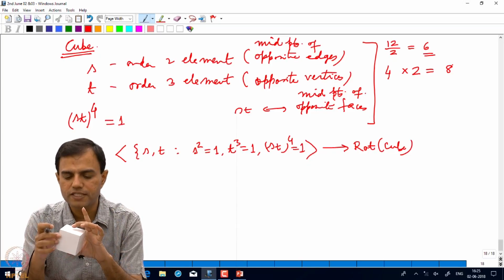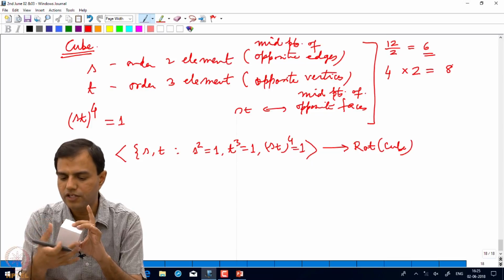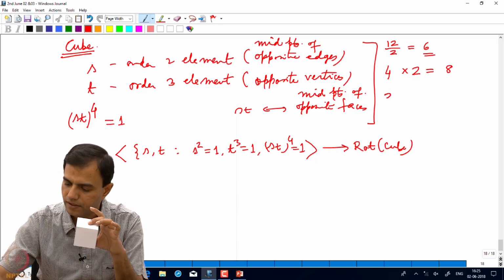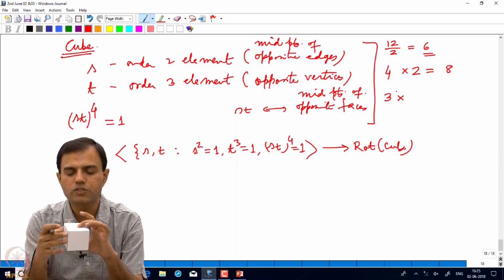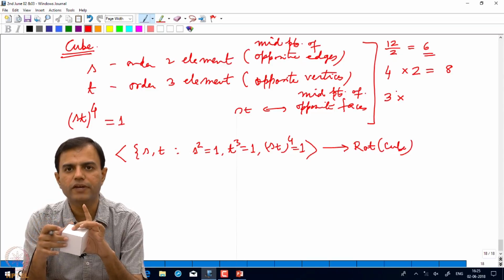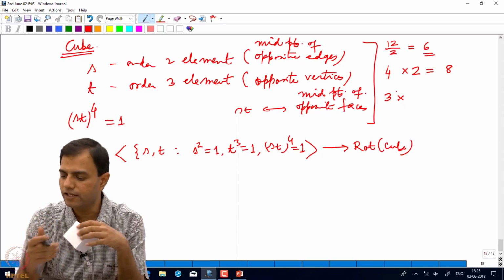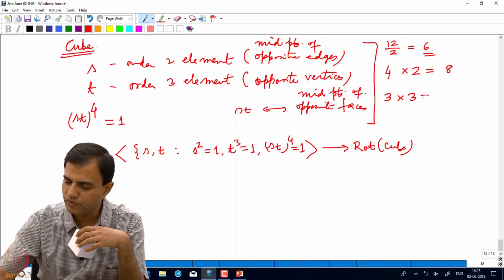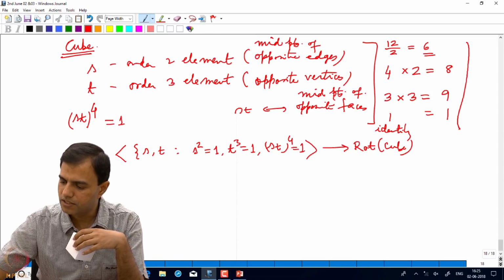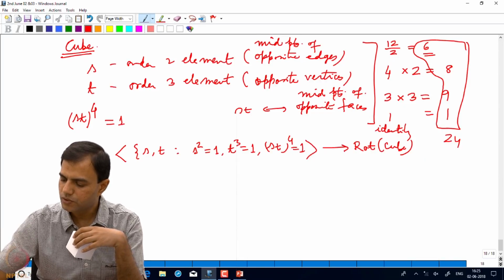There are 3 pairs, and each of them is going to give me 3 non-identity positions. So 3 into 3, 9. And then you have 1 identity element. So how much is this? This is 24.